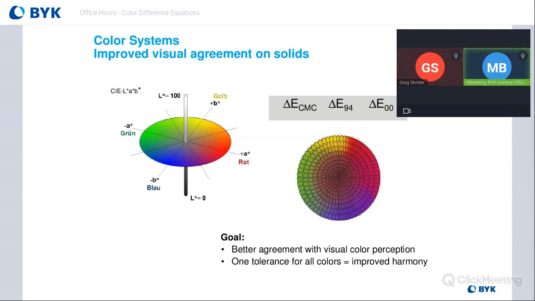Oh, and April, good question. Are there any recommendations for textured paint? Textured paint, we actually have a solution. It's called a Spectra 2 profiler, and it measures 45-0 color, and it uses camera technology to actually quantify and define how big and how significant the texture is.